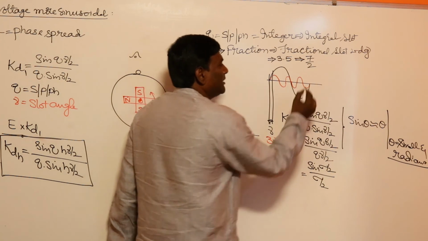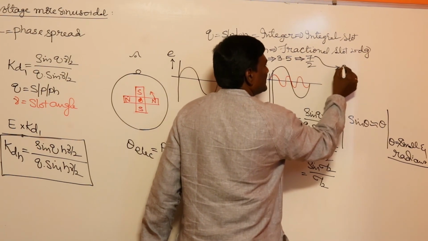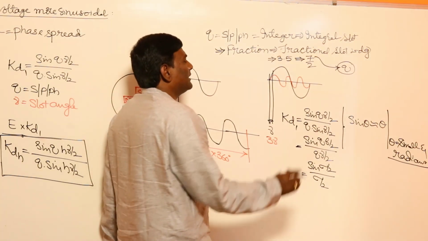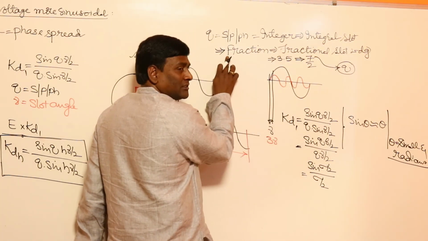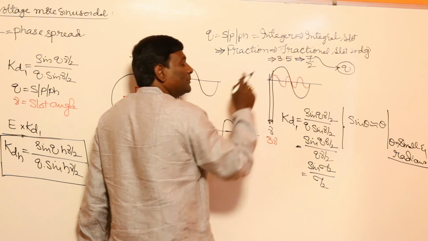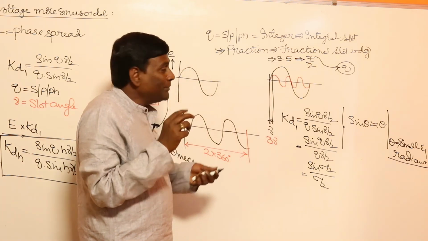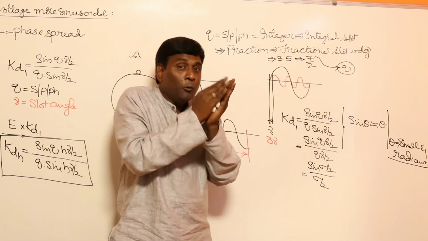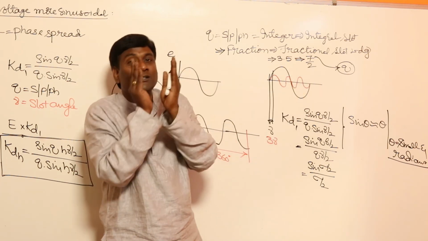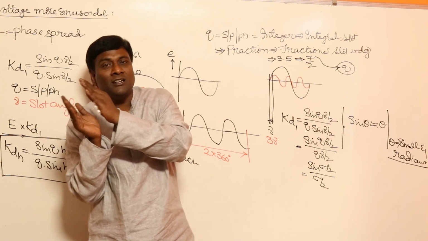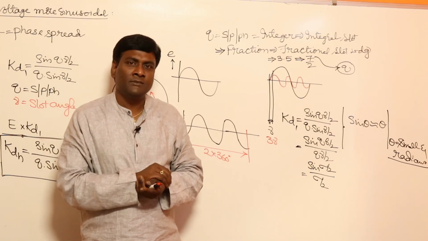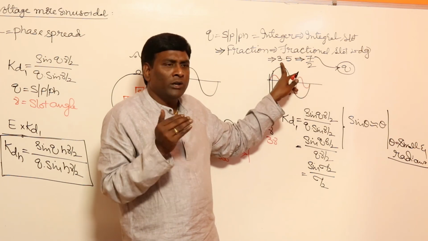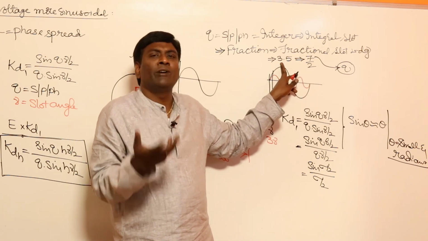If it is 7 by 2, that 7 should be considered as Q. Again, let me repeat: in fractional slot, 3.5 can be rewritten as 7 by 2. Basically, if it is 3.5 slots for phase A, 3.5 slots for phase B, 3.5 slots for phase C, we cannot allocate. So that is what we follow in the design of winding.